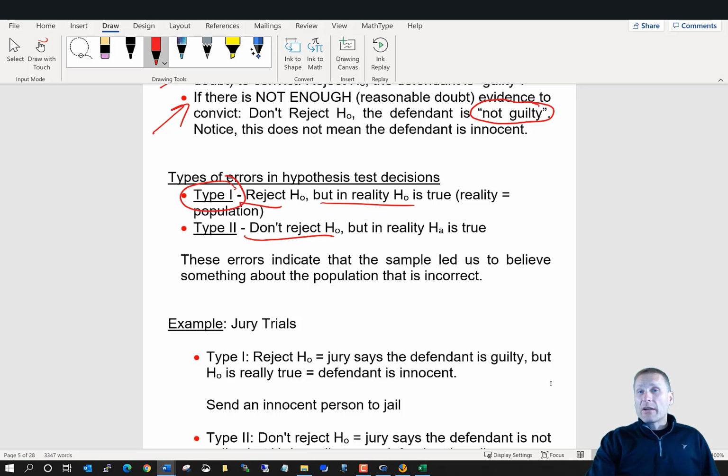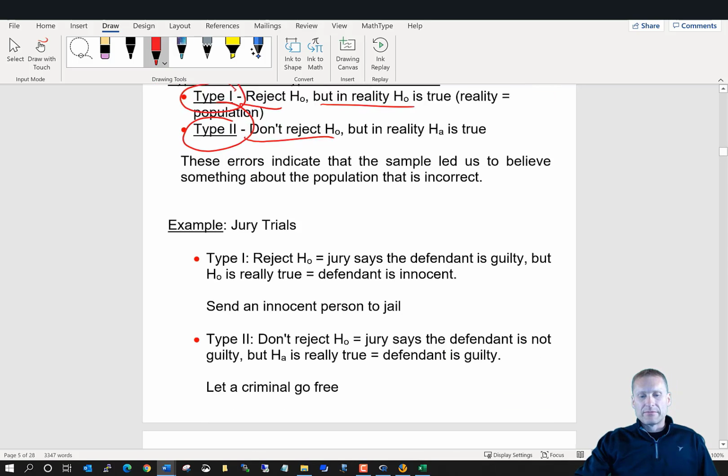Also, we could say don't reject H0, but in reality, we should have, meaning that HA was really true in the population. Again, we have a fancy name for this kind of error, a type 2 error. And so we have type 1 errors and we have type 2 errors. Again, these are errors that, based upon our sample, led us to believe something about the population that was actually incorrect. So let's relate this back to the jury trial example.